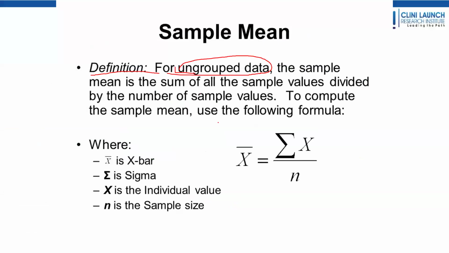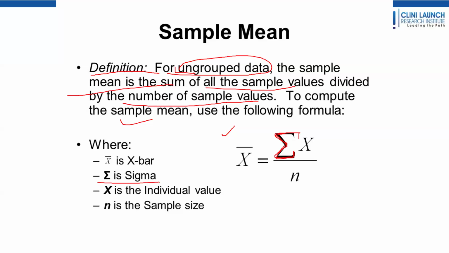So for ungrouped data, the mean is calculated as the sum of all the sample values divided by the number of sample values. So to compute the mean, you have to use the following formula. This symbol is called sigma. It looks like E, but it is called sigma.